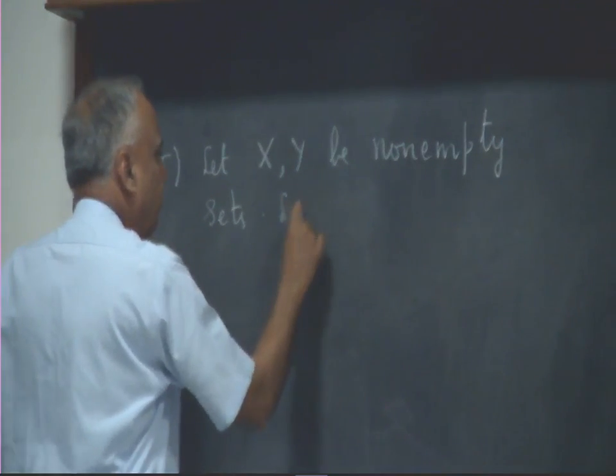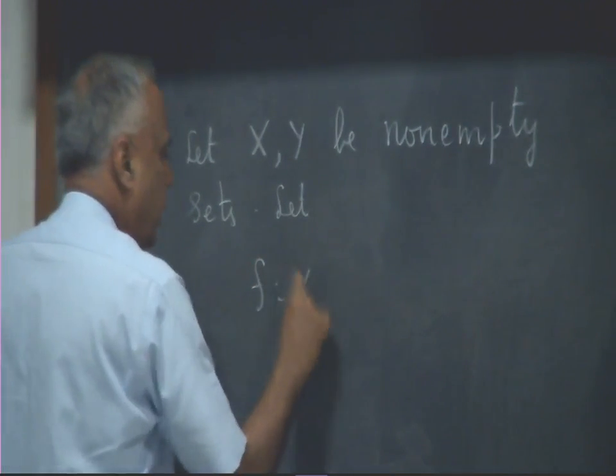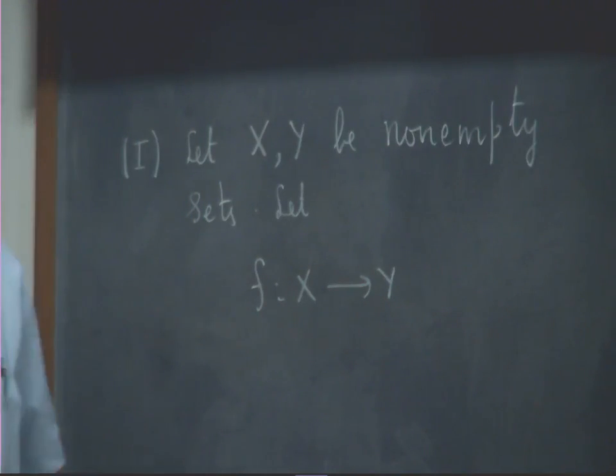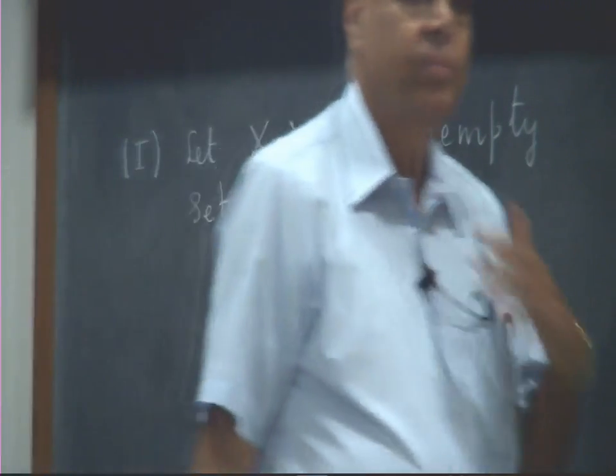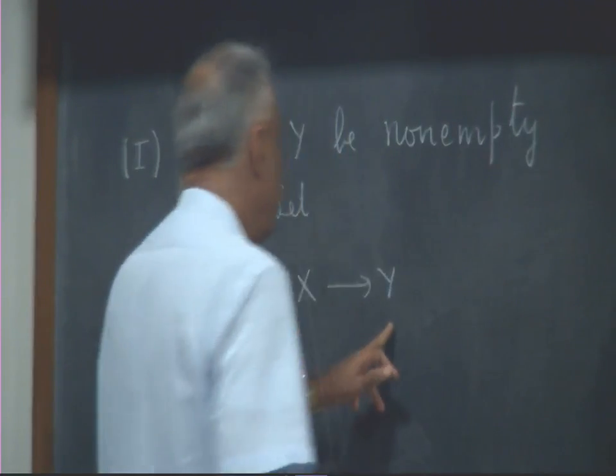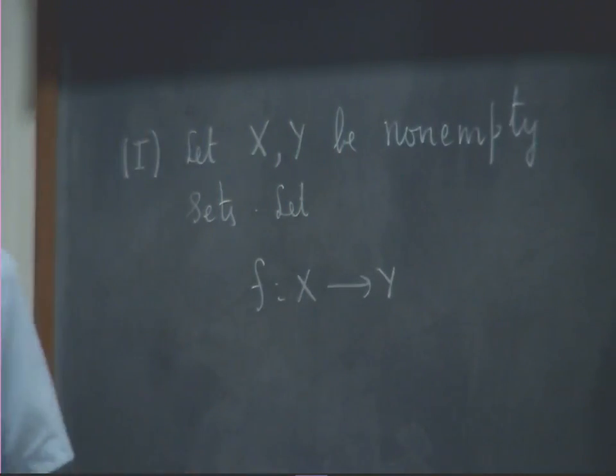So let f mapping x to y be a map from x to y. It's a code which codes x elements as y elements. Then we know that if we want to get an inverse transformation, then f must be both one-one and onto, what's known as bijective.